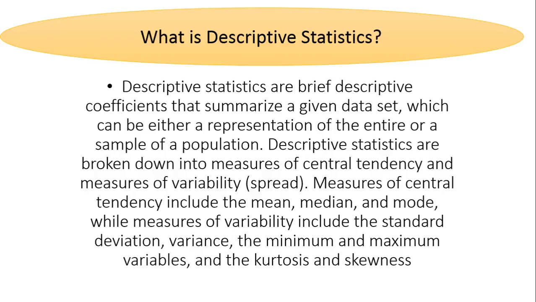You also need to know that it can be broken down into measures of central tendency and measures of volatility that are related to the spread of your sample. So measures of central tendency include the mean, median, and mode, while measures of volatility include the standard deviation, variance, the minimum and maximum variable, and the quartiles and skewness of the sample.